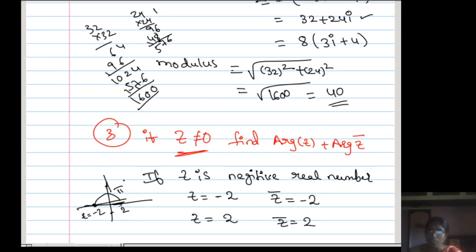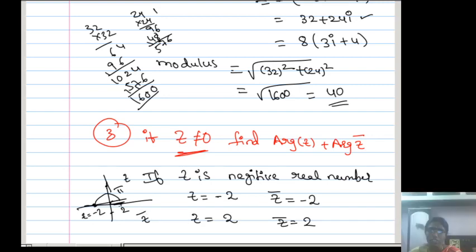Okay. Suppose z lies in the first quadrant. Where does its conjugate lie? Already I told you, for any complex number geometrically, its conjugate is the mirror image to the x-axis.